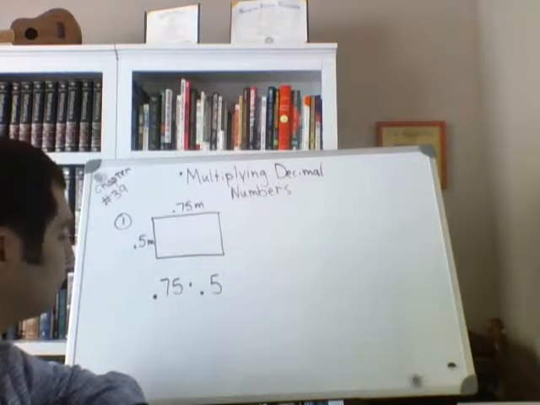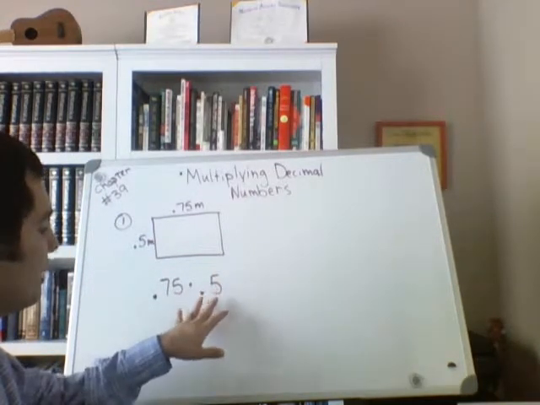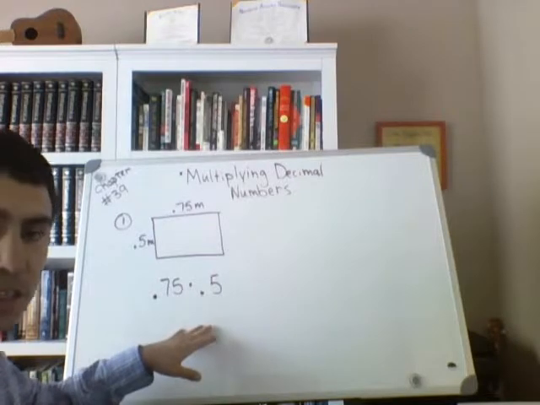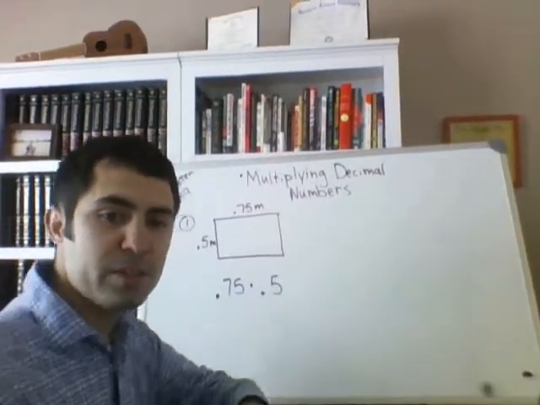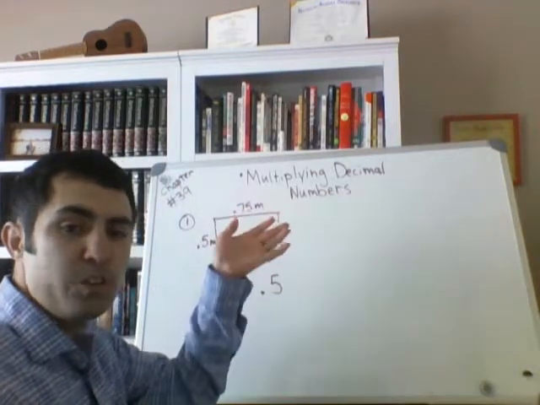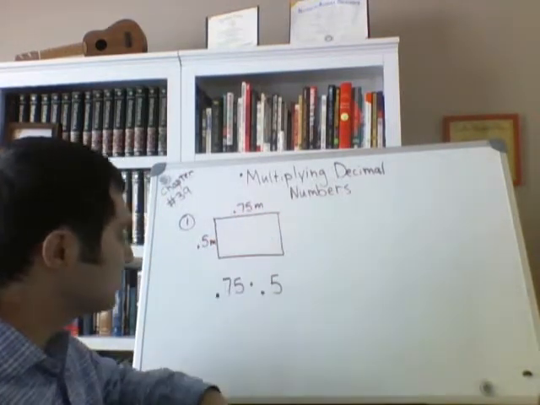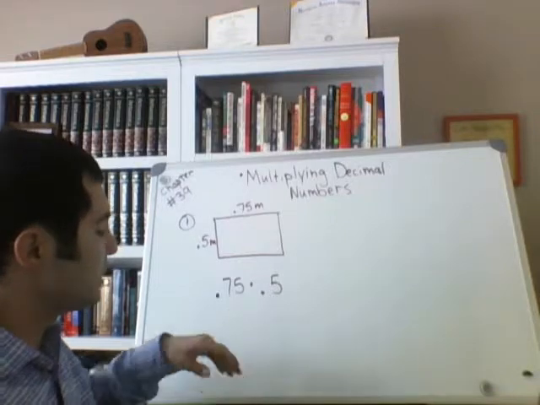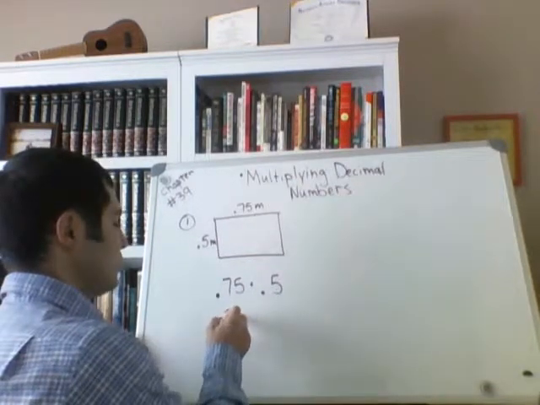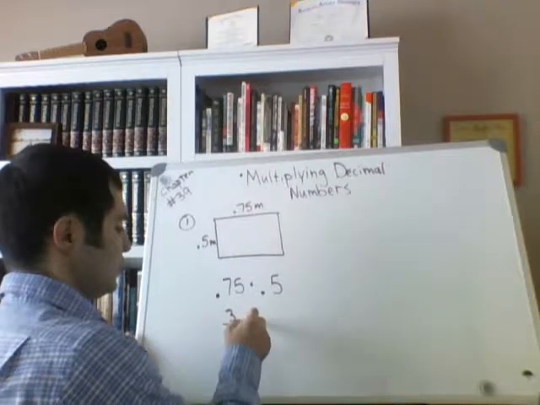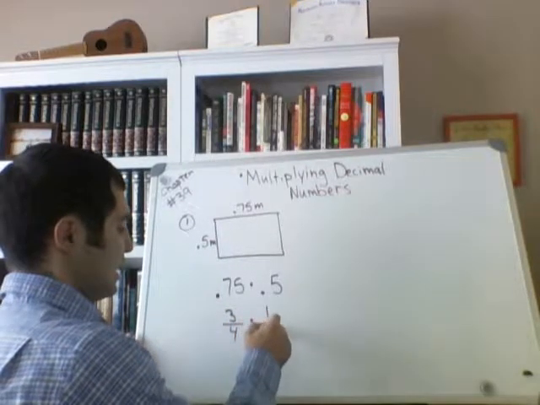There's a couple different ways you can do this. You can multiply the decimals, or you can change them to fractions. Once you change them to fractions, then you can multiply fractions and then change it back to decimal. So 0.75, you guys have memorized your fractions, so you know that that's 3/4 multiplied by 1/2.